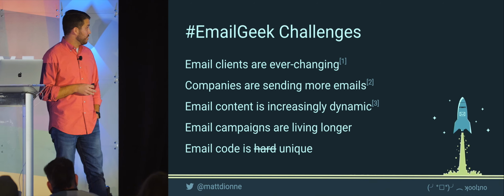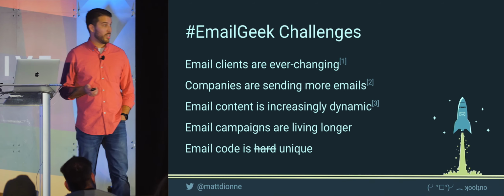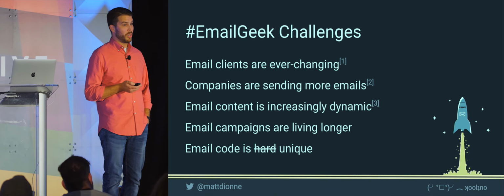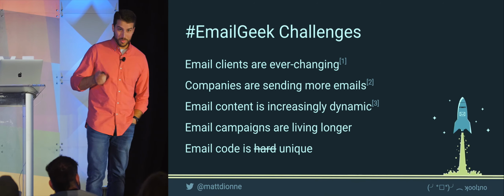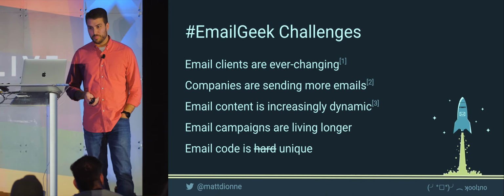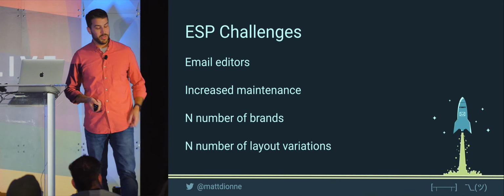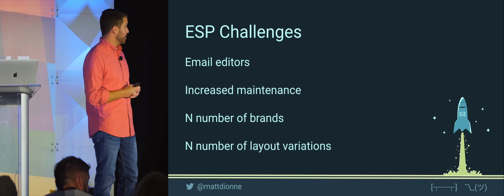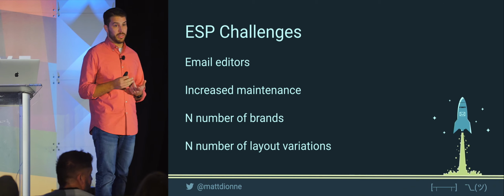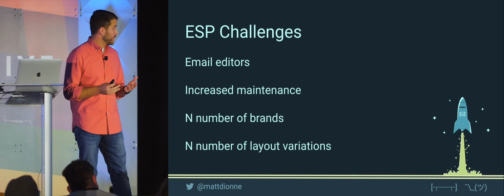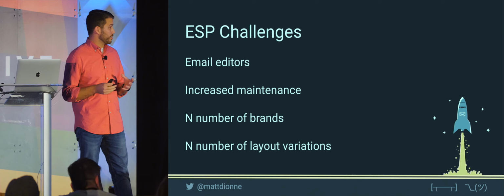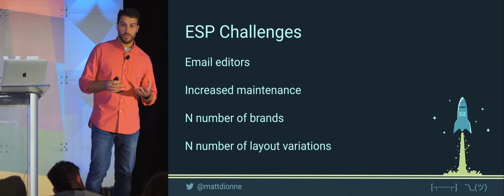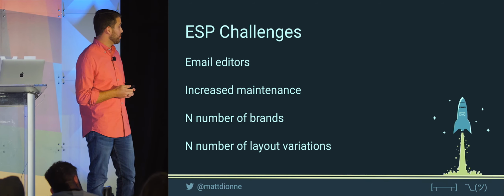On top of those challenges that we all face, there's some unique challenges for an email geek working for an ESP. I know there's probably a few in the crowd here. When working for an ESP, we've got an email editor that sits on top of our email code. That editor needs to allow the customer to put in their brand and content, manipulate layouts, and the more features that those editors build in, the more flexible and robust our code needs to be.